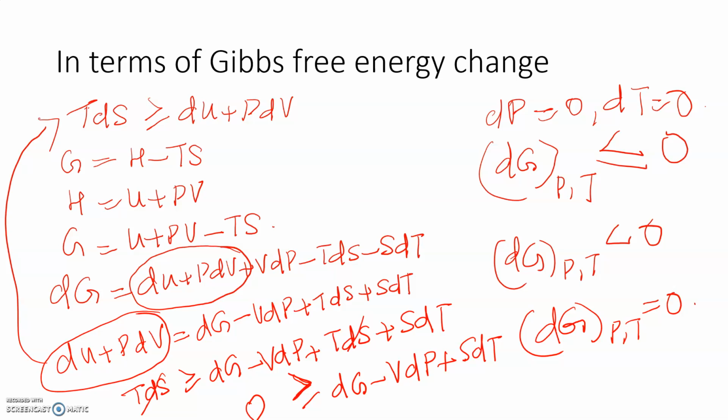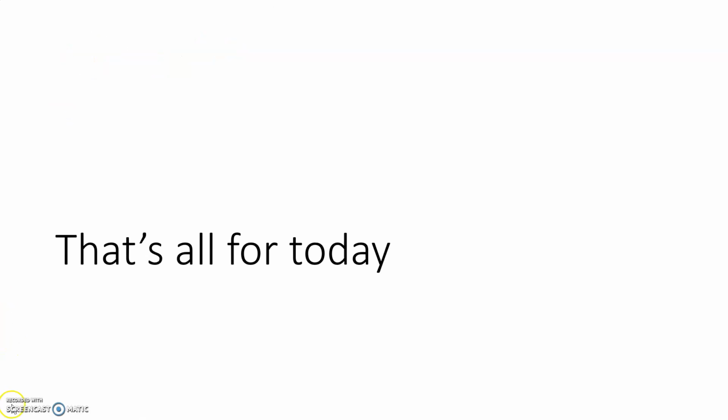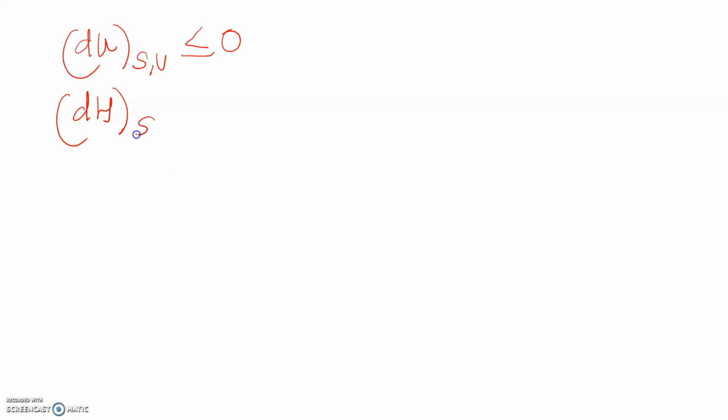Now we have derived the criteria in terms of internal energy: dU at constant entropy and volume is less than or equal to 0. In terms of enthalpy, we can write dH at constant entropy and pressure is less than or equal to 0.